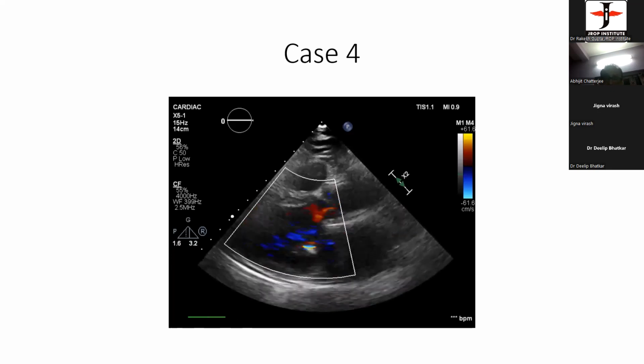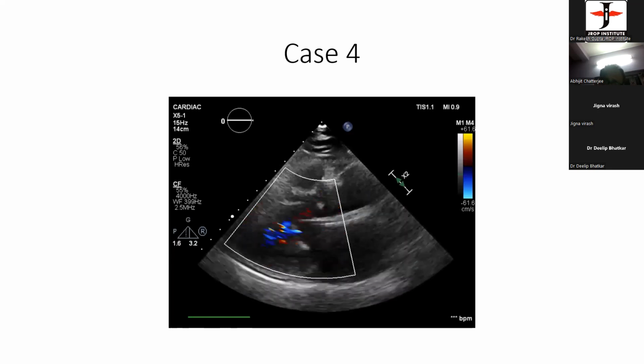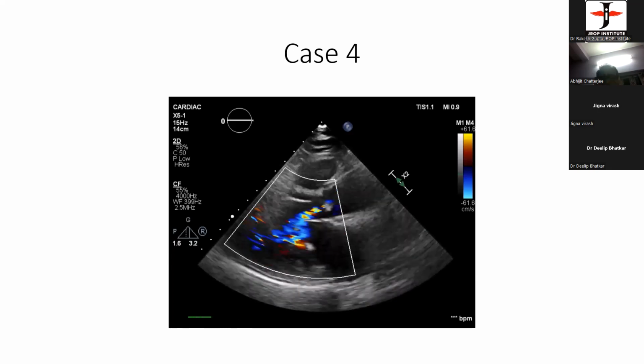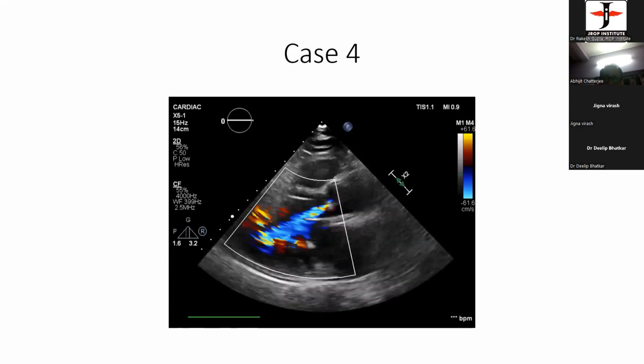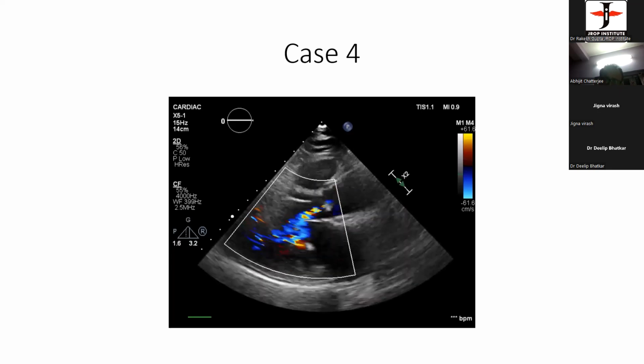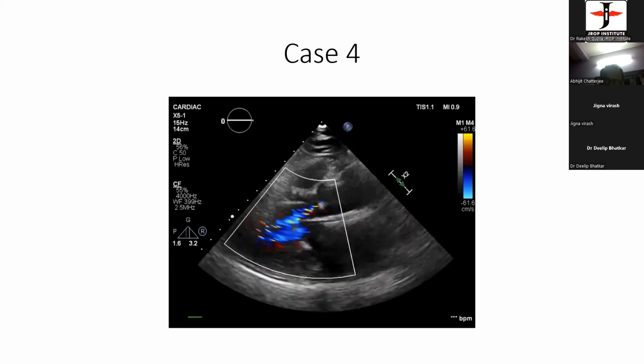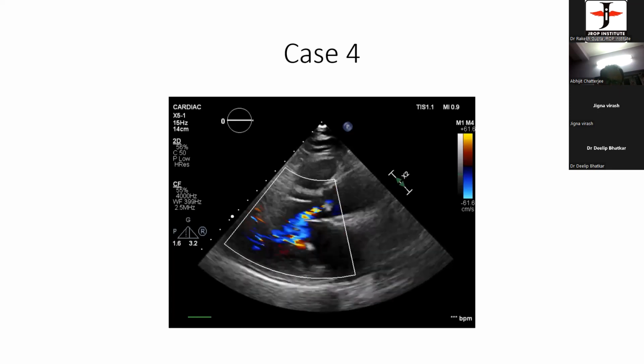Sir, in the suprasternal window we can see the holodiastolic reversal of flow. Another method is to measure the height of the jet divided by the LVOT diameter.